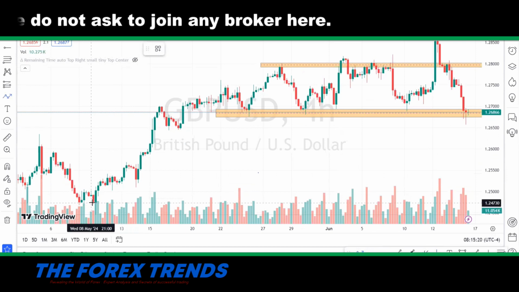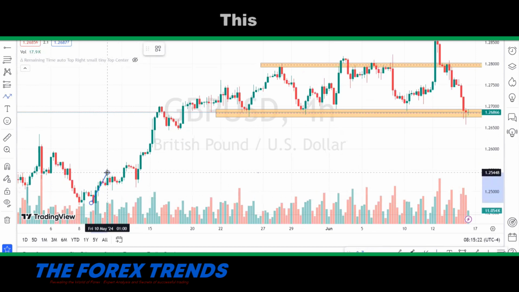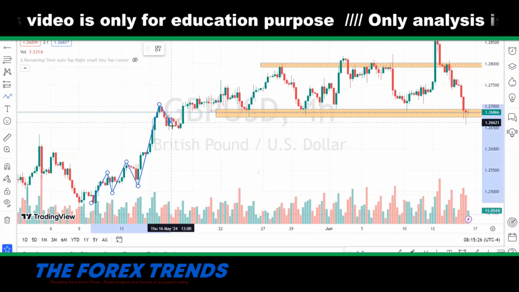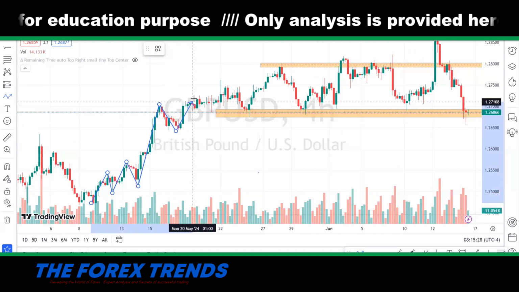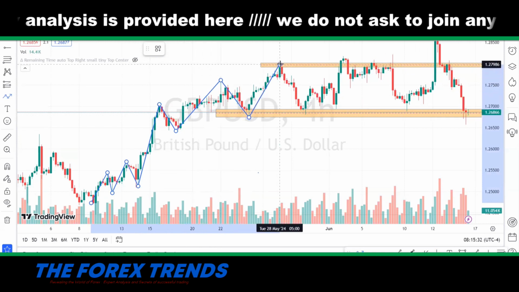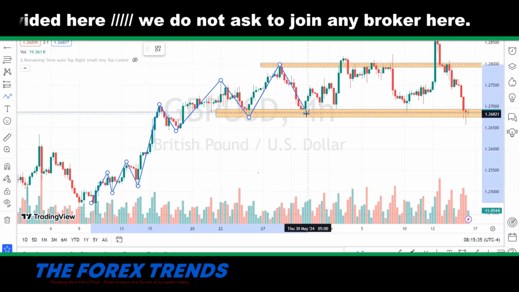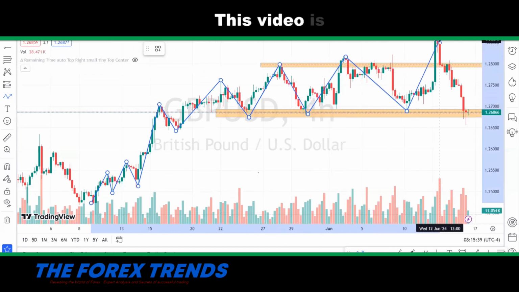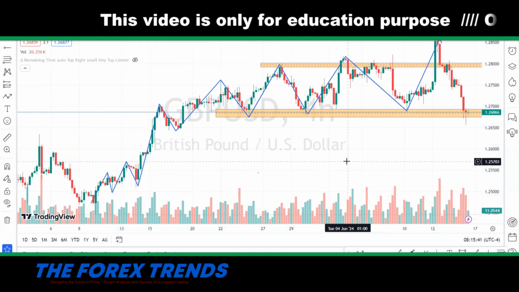Let's start from this point: higher high, higher low, higher high, higher low, then higher high, higher low, higher high, higher low, next higher high and higher low, then another higher high, higher low, then another higher high.